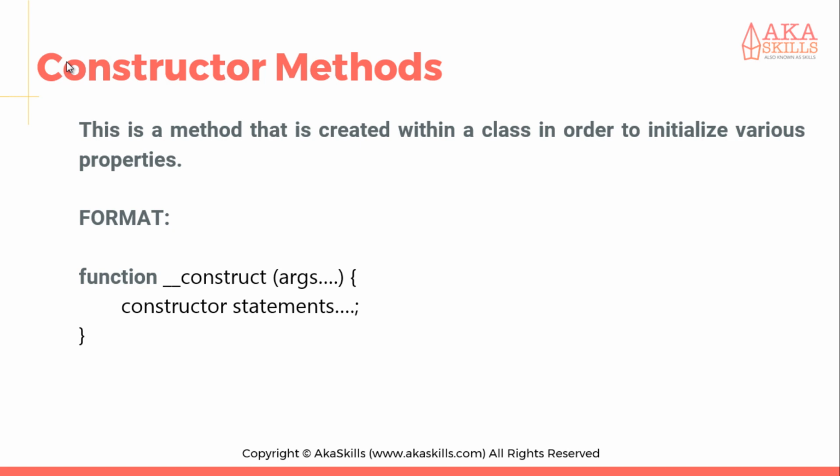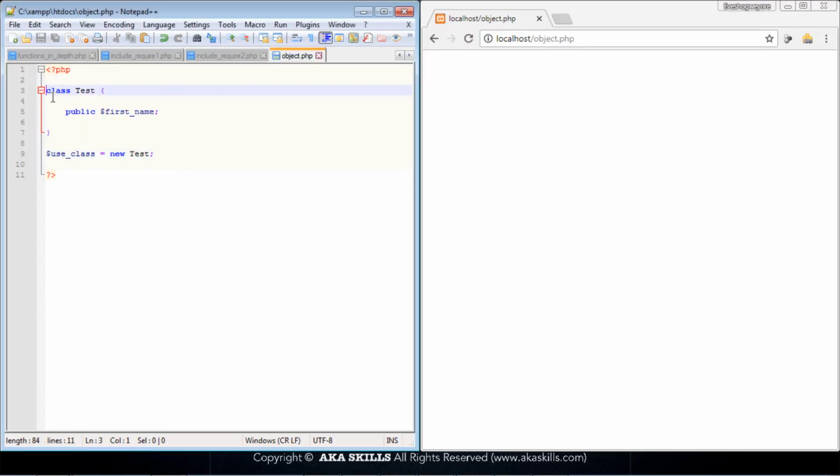So for example, we have this class test created here. I could just come somewhere here and say I want a function and I want this function to be a constructor. Remember, construct. Make sure you spell this correctly, and when you do, you will definitely know. So in between these parentheses, you can specify some parameters. In this case, I am not specifying anything.